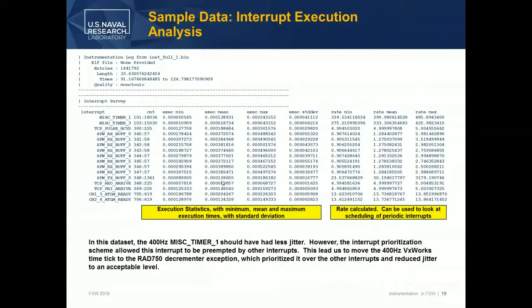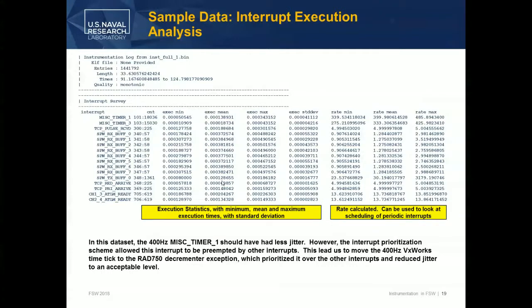And then, to get back to the interrupt, this is an interrupt report with minimum, maximum, and mean execution times, along with a kind of pseudo jitter number with the minimum instantaneous rate, maximum, and average execution rate. This top one here was a 400 hertz time tick interrupt. But you can see that you had very high jitter rates for these instantaneous calculations.